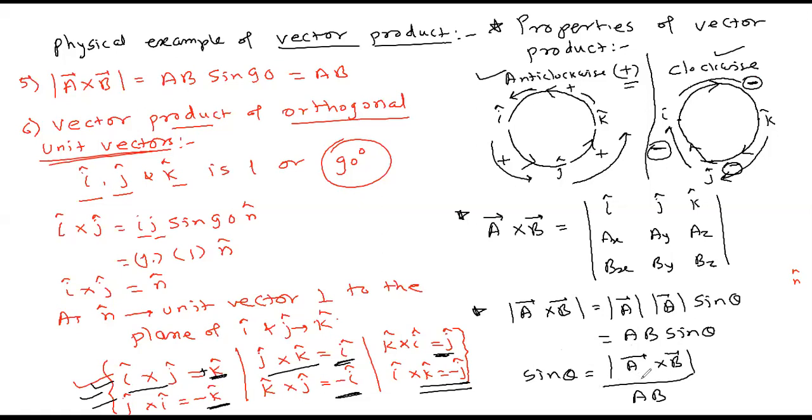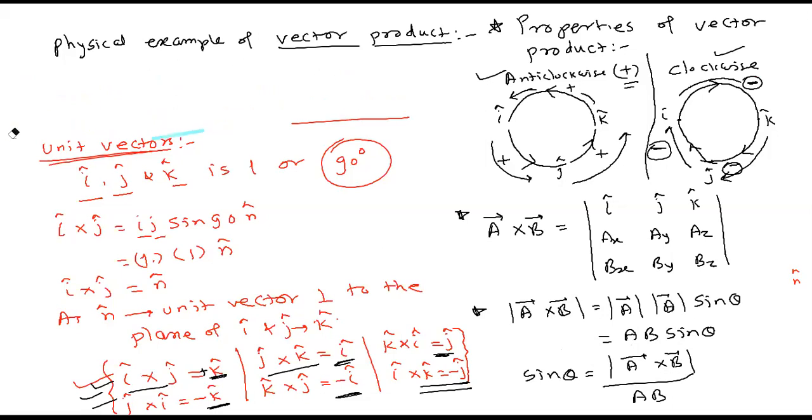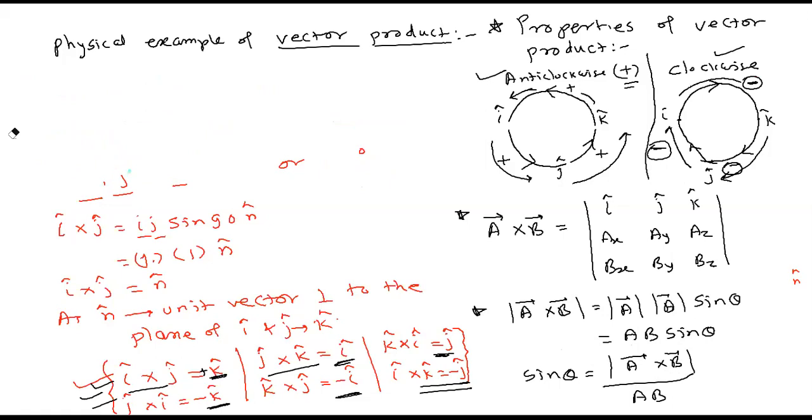Next, and the last point here: if n cap is a unit vector perpendicular to the plane of vectors A and B, then you can write vector A cross vector B is equal to AB sine theta into vector n cap, which is equal to the magnitude of A cross B into n cap.